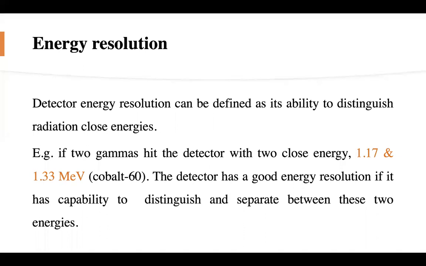Gamma from cesium or cobalt-60 has different energies. If the detector is able to distinguish between two close energies, for example 1.17 and 1.33 in this example of cobalt-60, and produce two peaks, one for each energy, then the detector has good energy resolution.